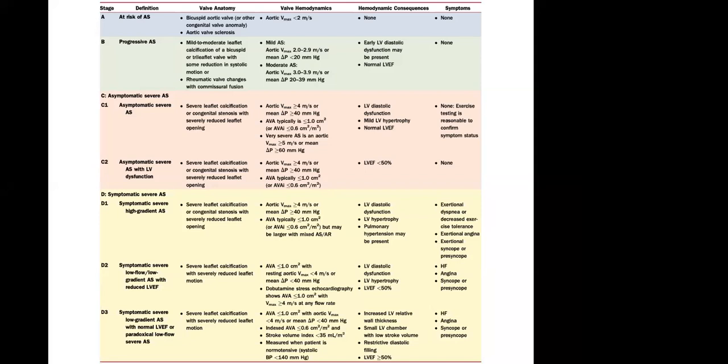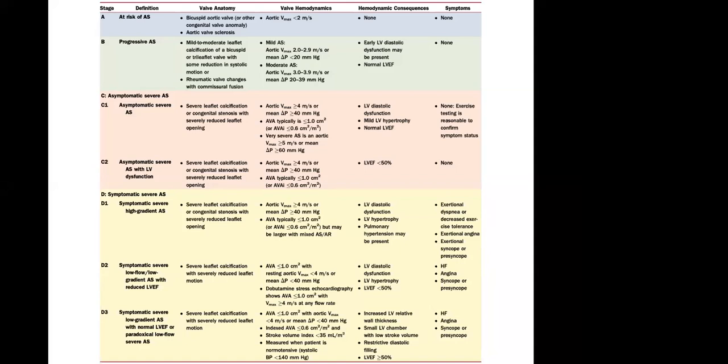If the area stays the same and the gradient increases by more than 50, that's true stenosis. Of course, the ejection fraction will increase by at least 20. The area is fixed and the gradient increases, that means true stenosis.